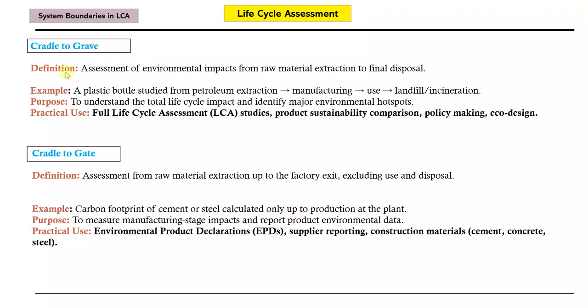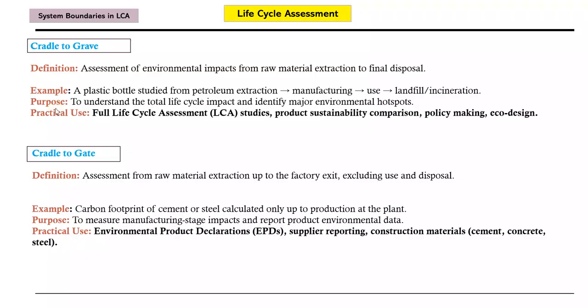First, we have cradle to grave. The definition of this is assessment of environmental impacts from raw material extraction to final disposal. An example is a plastic bottle studied from petroleum extraction, then manufacturing, its use, and lastly, landfill or incineration process.